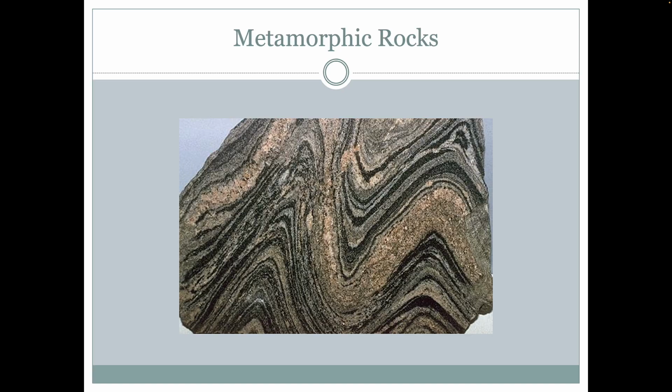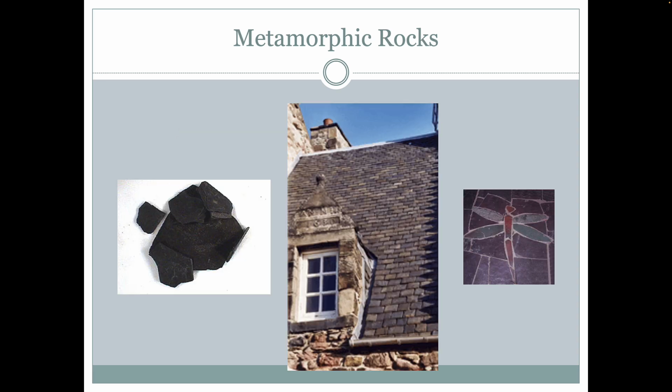This is a rock that has been put under extreme pressure from the right and left side here. And the minerals that you're seeing in this rock have actually recrystallized into this pattern that we're seeing here. And this occurs in places where continental collision occurs.